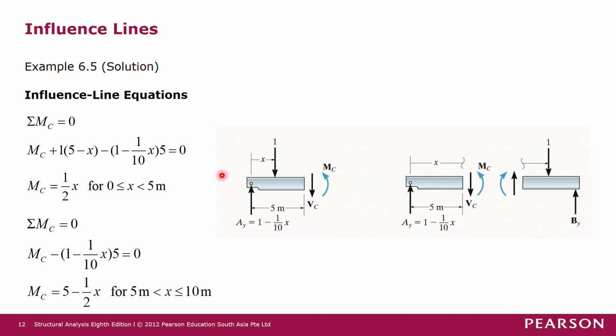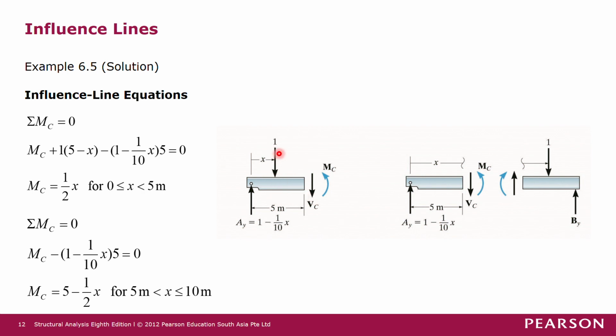Then the free body diagram will look like this, where the one unit force is still appearing in the free body diagram. If we sum moment at C, then we have plus, because this is the anti-clockwise moment, MC plus 1 times 5 minus x.